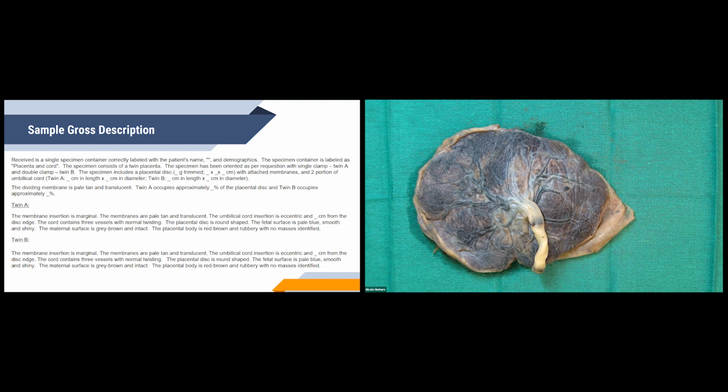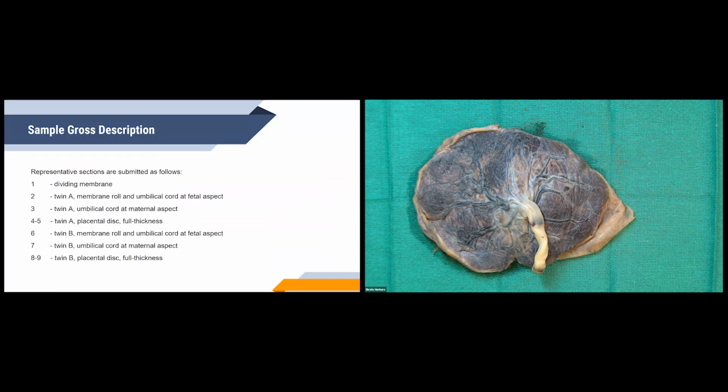And then I talk about the placental disc. The placental disc is round shaped. The fetal surface is pale blue, smooth, and shiny. The maternal surface is gray, brown, and intact. The placental body is red, brown, and rubbery with no masses grossly identified. And then I do the exact same for twin B and talk about all the findings on that half of the placenta.